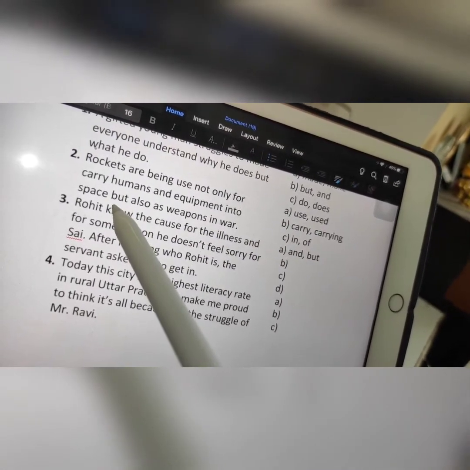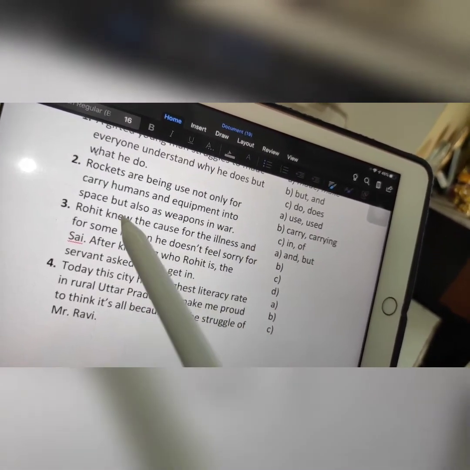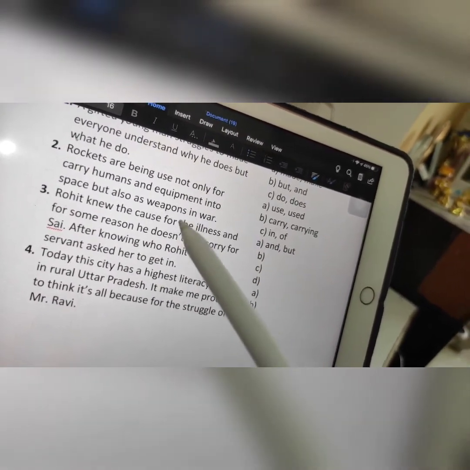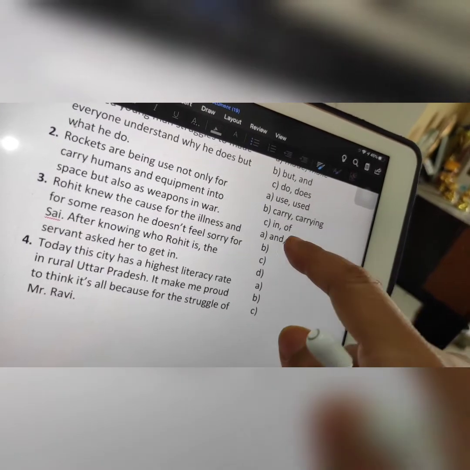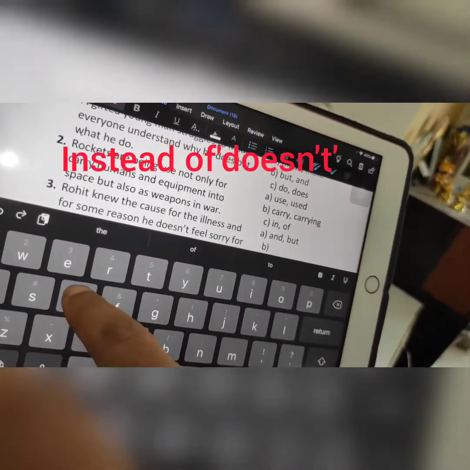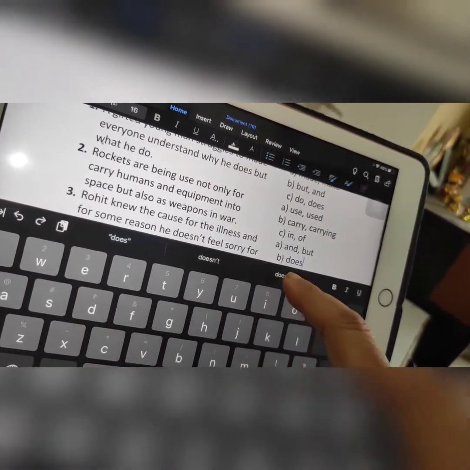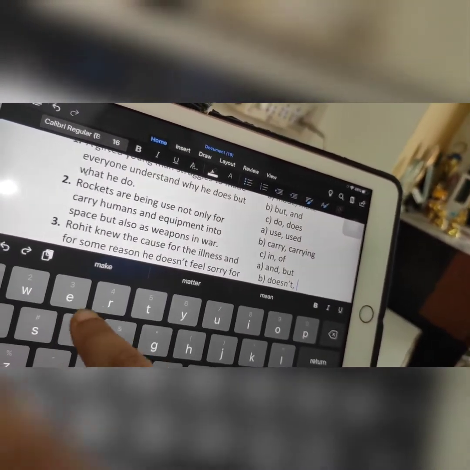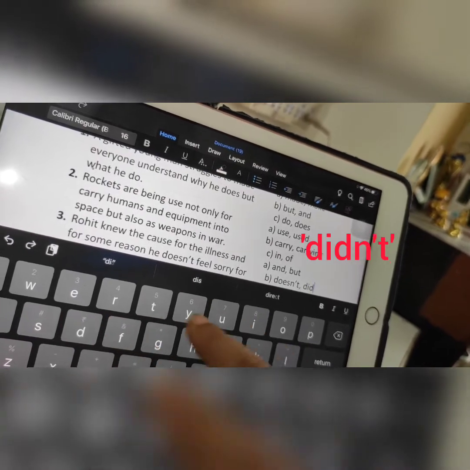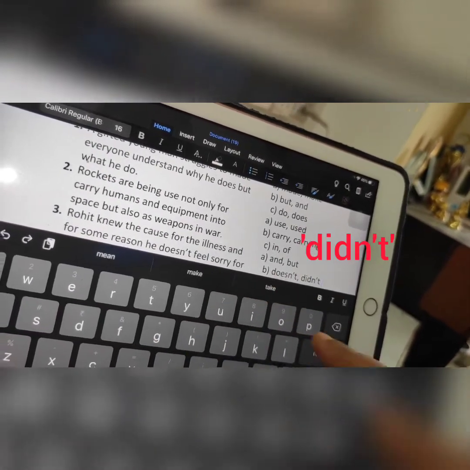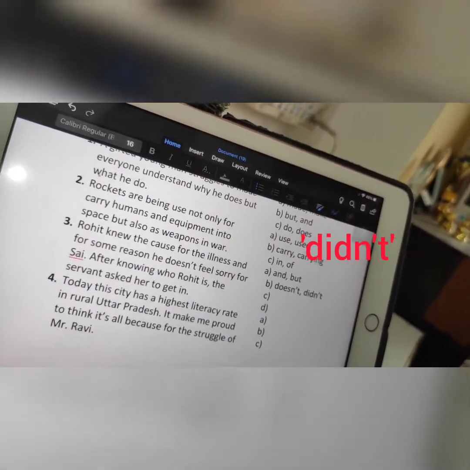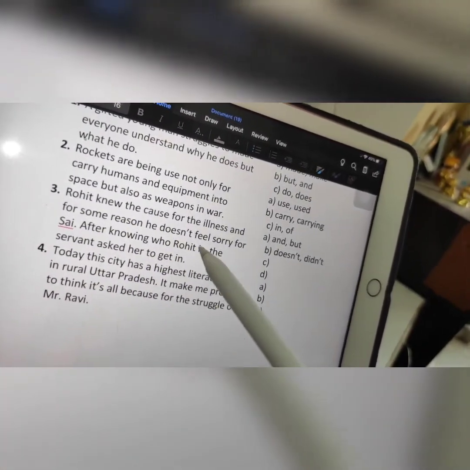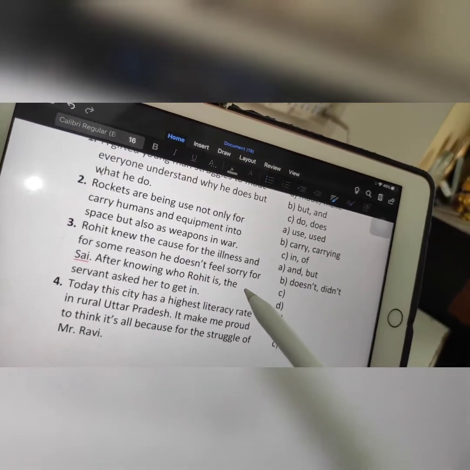Now can you see the paragraph started with past tense. So here is no use of doesn't, it should be didn't. So the second error in this is doesn't. Here I put the correct answer. Now come to the next line. For Sai, after knowing who Rohit is, the.